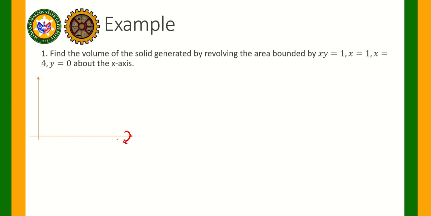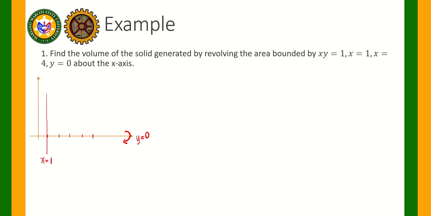And our y is equal to 0 is the x-axis itself. Yung x equal to 1 natin, for example, this is our 1, 2, 3, 4, 5. Okay. So yung x is equal to 1 natin will be here.